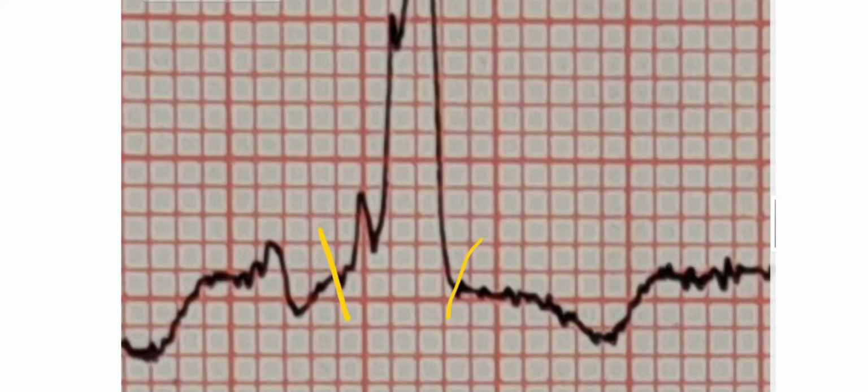Look for the isoelectric line where it starts to deviate, whether down or up, doesn't matter, but where the wave starts to leave the isoelectric line. So if we can count the number of boxes here, it's 1, this is 1, this is 2, this is 3, this is 4. So we've got 4 small boxes again. So this does confirm our broad QRS complex. Beautiful.